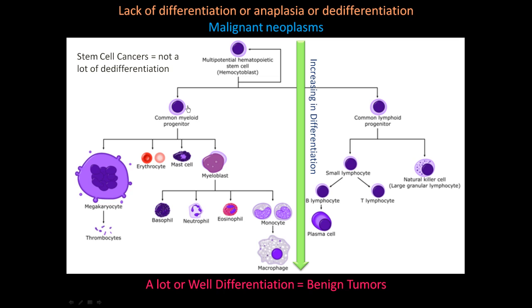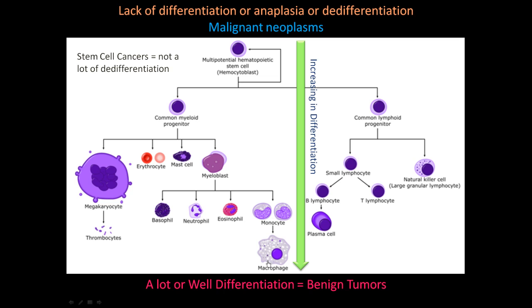Okay, so this multipotential hematopoietic stem cell, this hemocytoblast, gives rise to this common myeloid progenitor. Then this cell gives rise to the megakaryocytes, erythrocytes, mast cells, myeloblasts. This myeloblast then gives rise to the white blood cells, and this monocyte diapedeses out of the blood and gives rise to the macrophage.